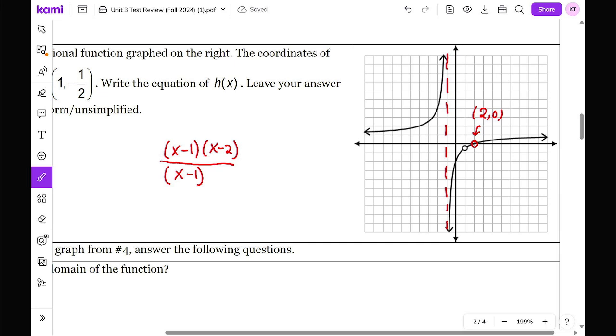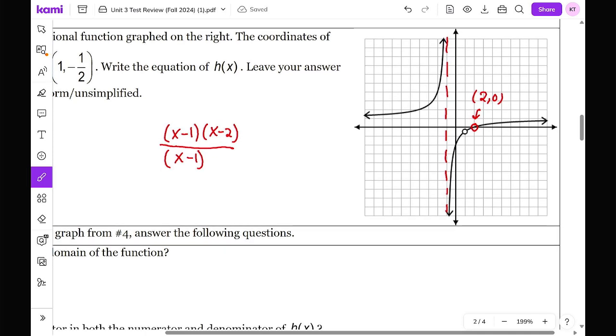So my factor that's going to correspond to that is going to be x plus 1, because the 0 of x plus 1, or when I set that equal to 0, is going to be equal to negative 1. So then on my denominator, I'm going to have a factor of x plus 1.